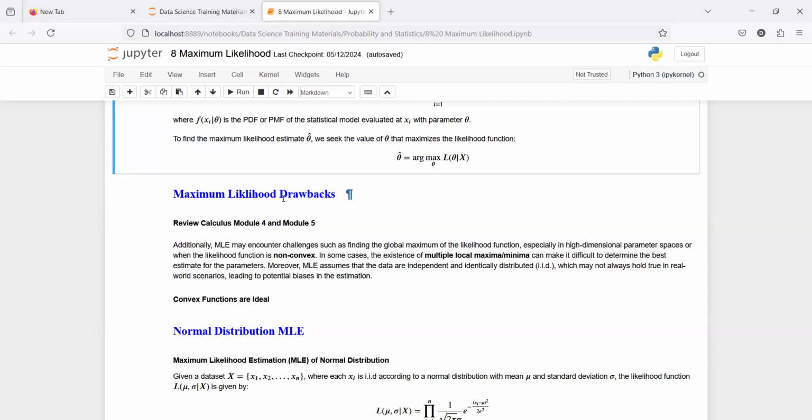And as I mentioned before, convex functions are ideal. This is way better than something like this. I would rather prefer a convex function like that, and so would the algorithms.